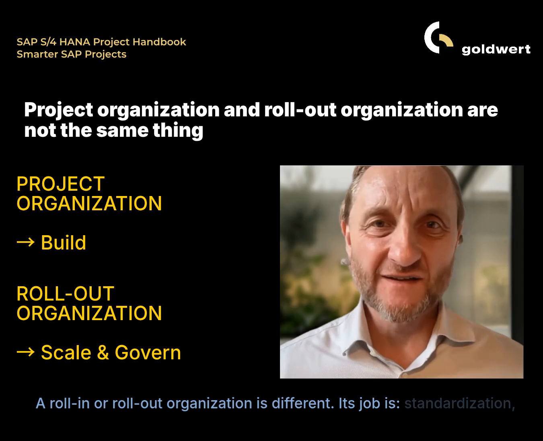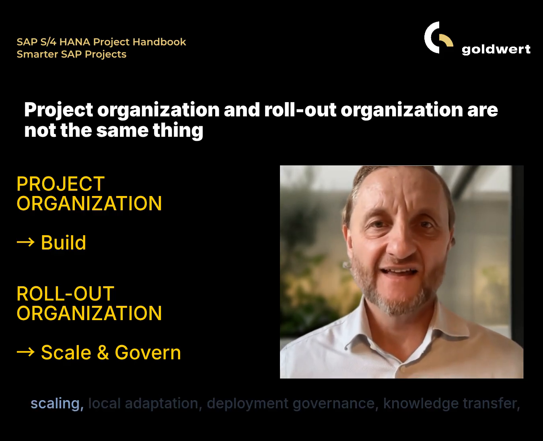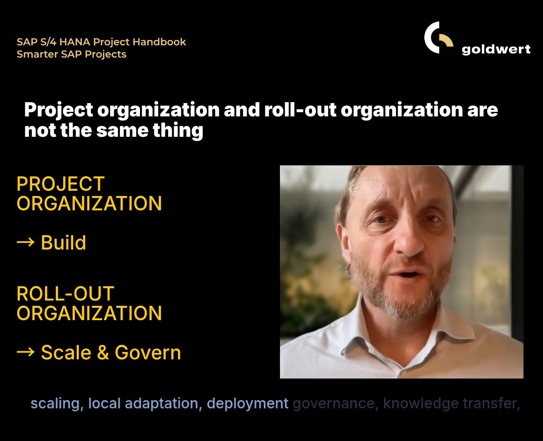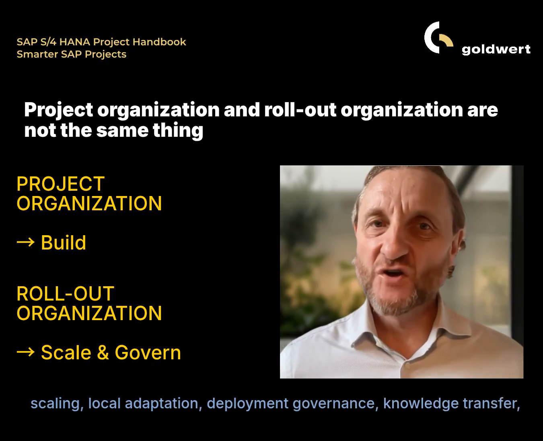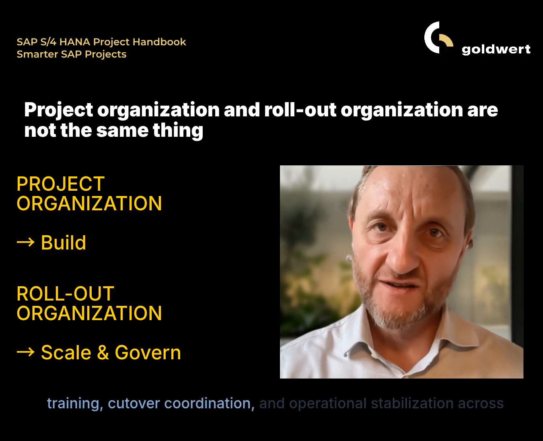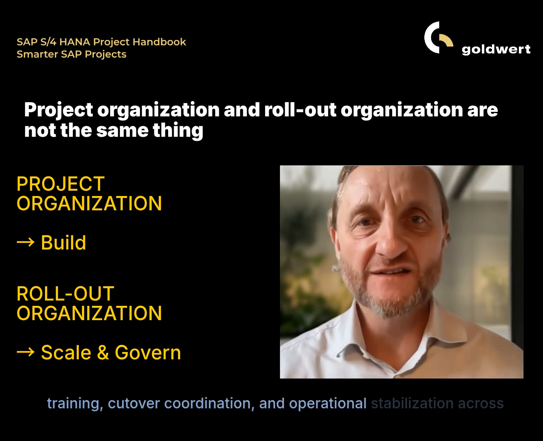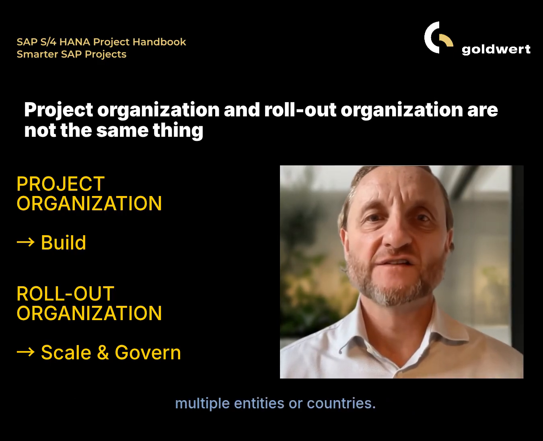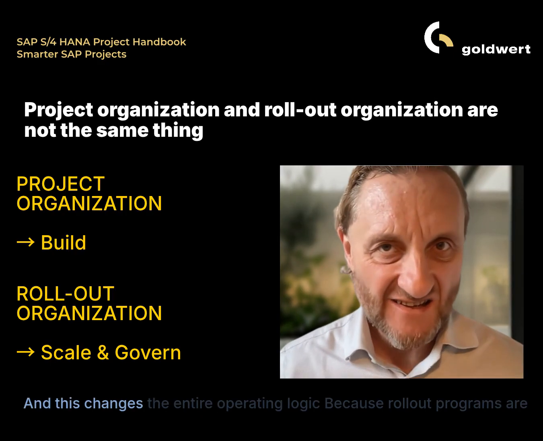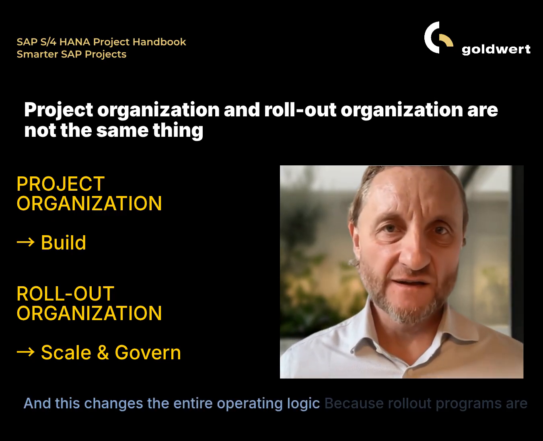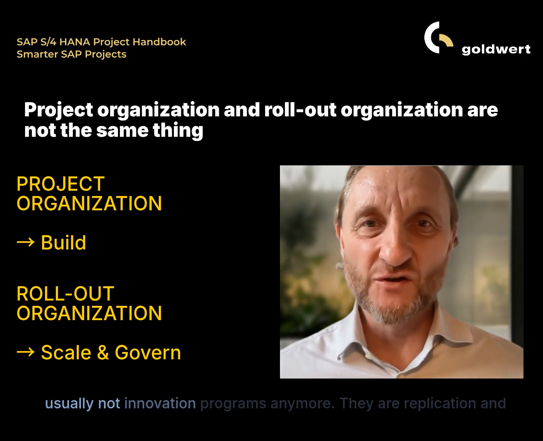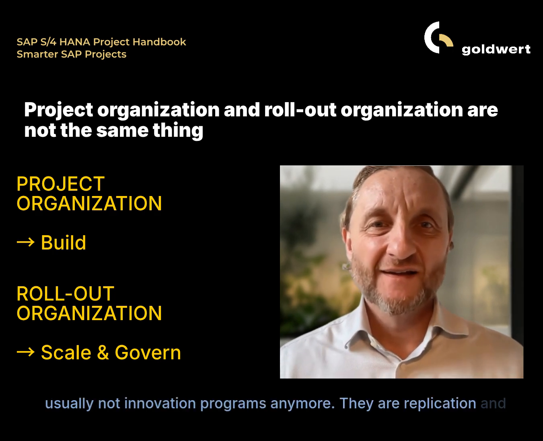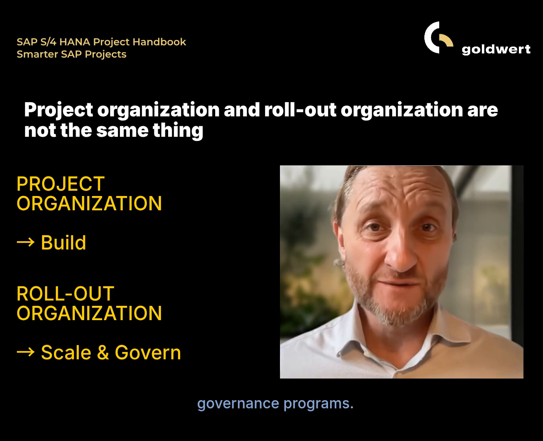Its job is standardization, scaling, local adaptation, deployment governance, knowledge transfer, training, cutover coordination, and operational stabilization across multiple entities or countries. And this changes the entire operating logic, because rollout programs are usually not innovation programs anymore. They are replication and governance programs.